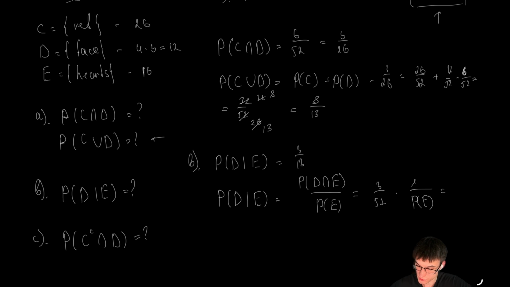Now, if you compute that, it would be 3 over 52 times 52 over 13, which will give us 3 over 13. So there are two common ways to compute this probability.